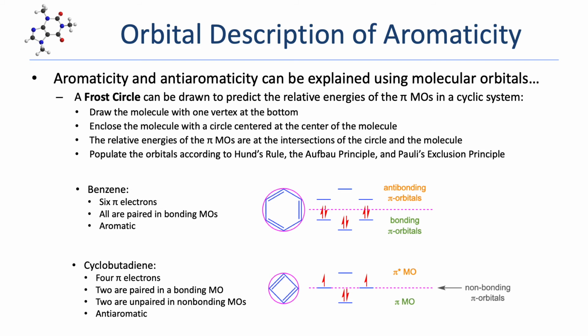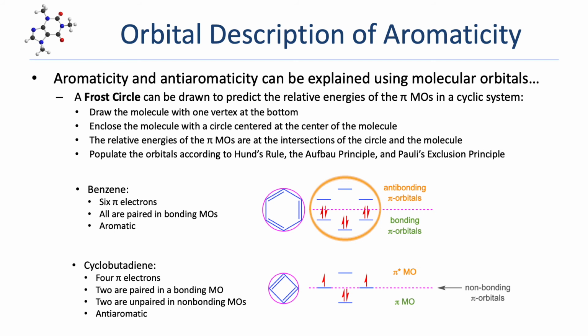First, we have benzene, which we know is aromatic. We draw the benzene with one of its vertices at the bottom. We draw a circle positioned at the center of the molecule with a radius equal to the distance from the center to one of the vertices. Each intersection of the circle with a vertex of the molecule gives us the relative energy of a molecular orbital. So in this case, we have 6 pi molecular orbitals, represented here with little horizontal lines.